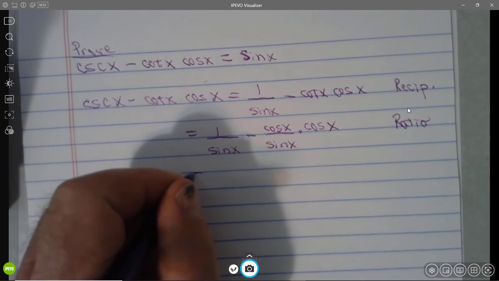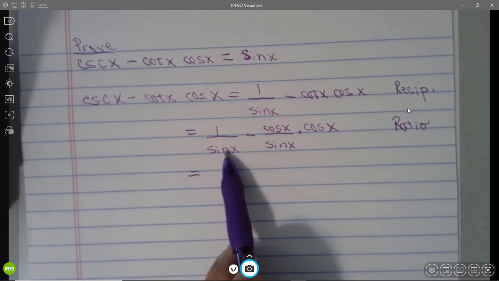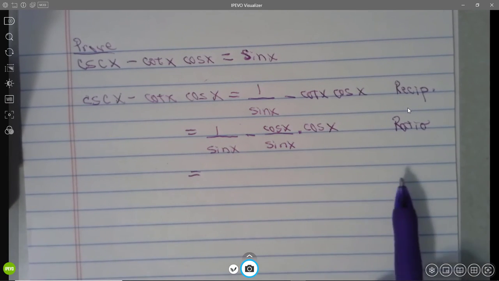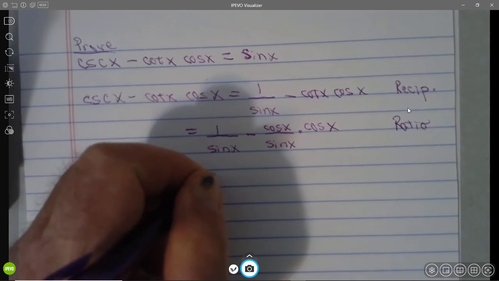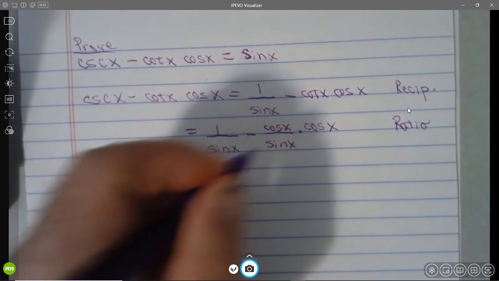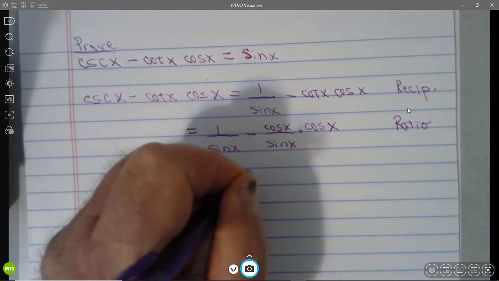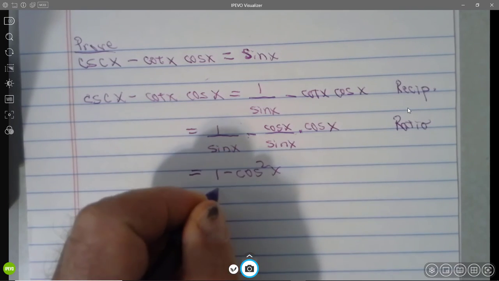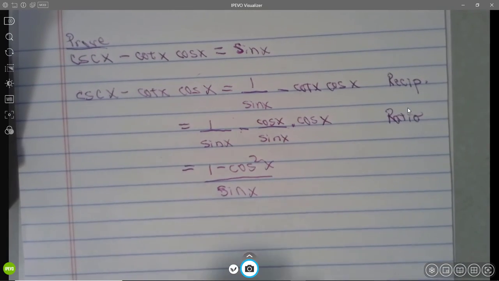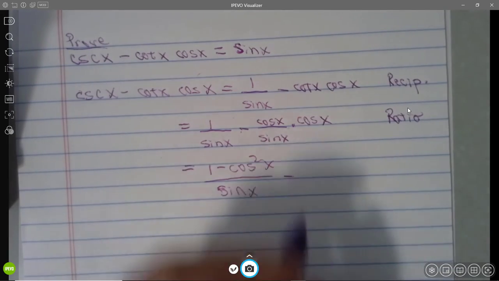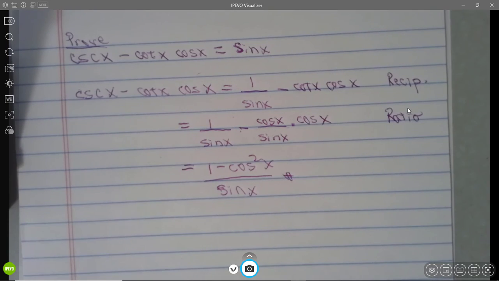All right, next, I have essentially got two fractions here, and they already have a common denominator. So let's just write them together. It's 1 minus cosine squared over sine of x. And then, whoops, I don't want to go too fast.